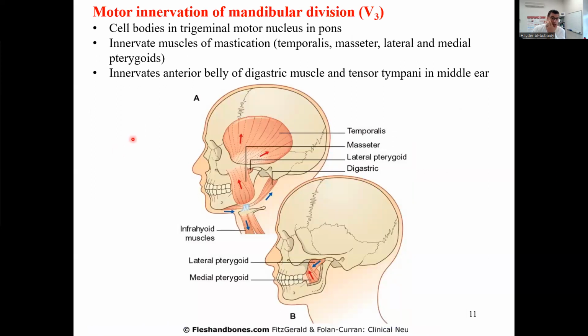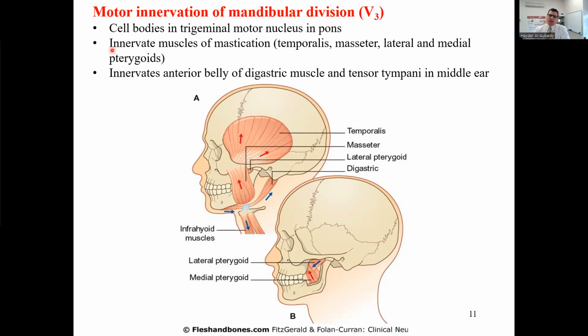Now, how about the motor innervation of the trigeminal nerve? We said motor innervation of the mandibular division of the trigeminal nerve because, from our knowledge from the first few weeks, the mandibular division is the only division of the trigeminal nerve which has motor function, while the ophthalmic and maxillary are purely sensory.